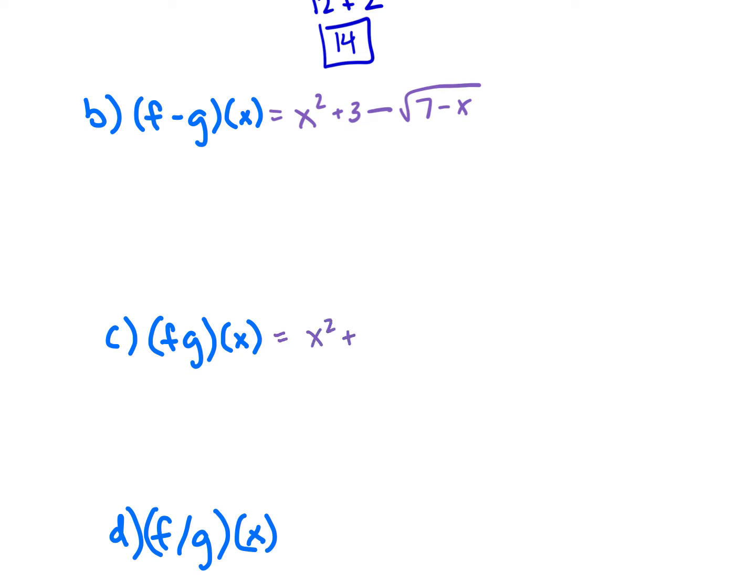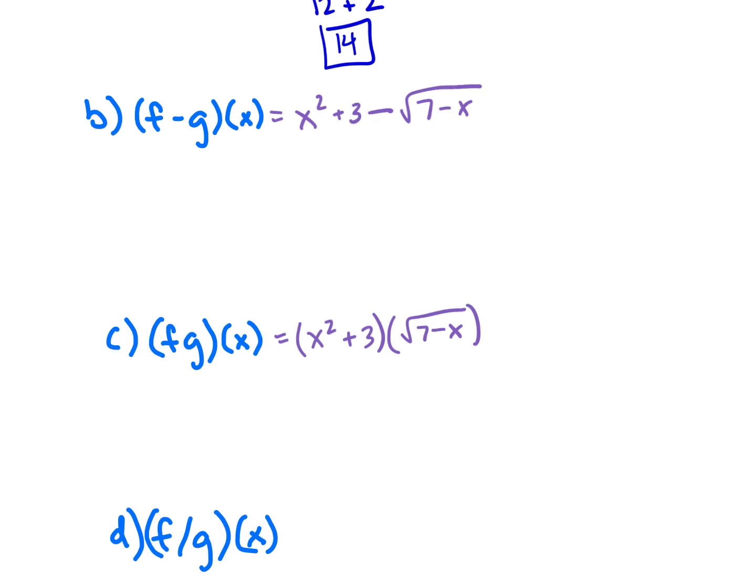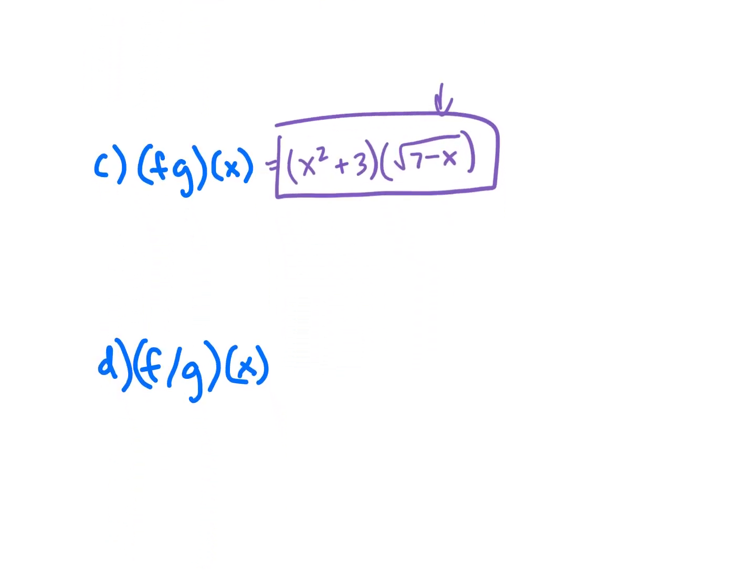So I have x squared plus 3 times the square root of 7 minus x. We can't FOIL this out or anything because that second term is just one term, so we would just leave it like that. For d, we're dividing.